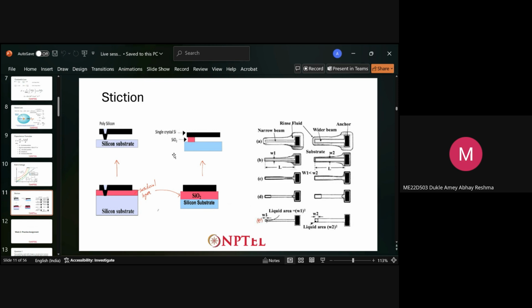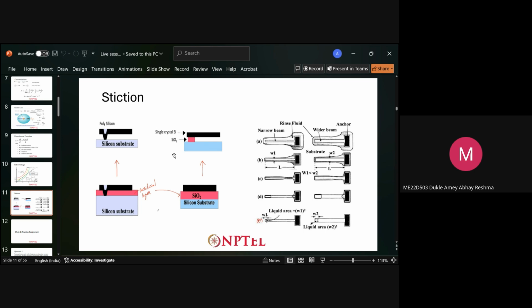When you have a silicon substrate, and you are making maybe a cantilever or something on it, if the distance between the substrate and the structure is too small, sometimes contact will happen between the two objects, even though there is no force actually causing that contact. There will be a beam or something, and that contact will be happening.